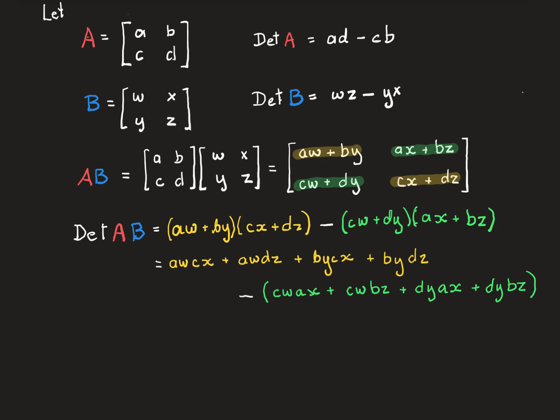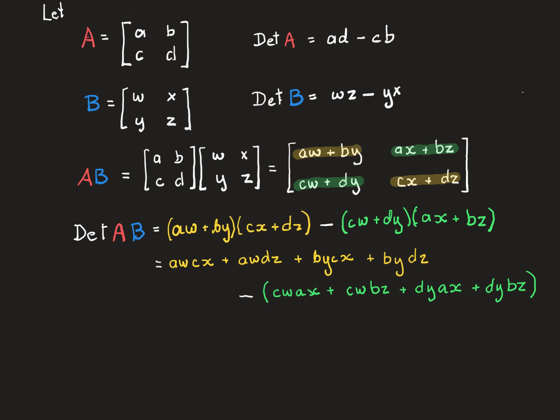And you might be surprised to see that some of them actually are identical terms. For instance, have a look at AWCX. That's the same as here, except A is here, W, C, X. The letters are just rearranged.